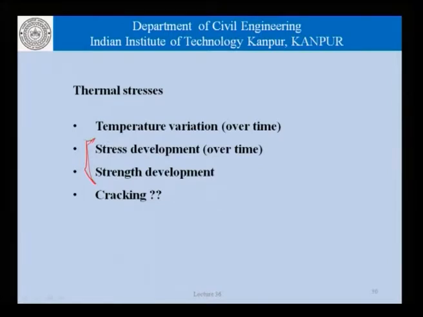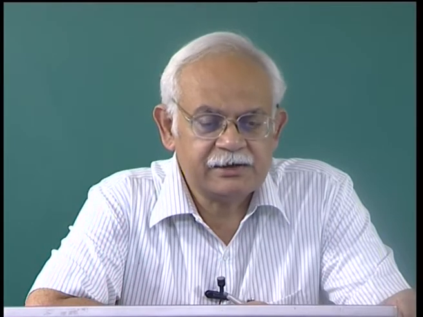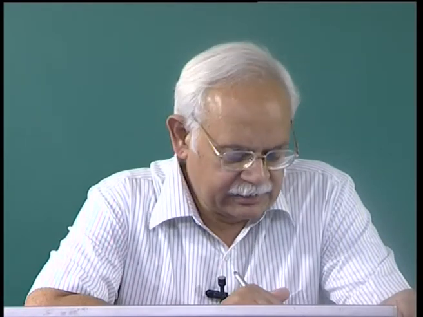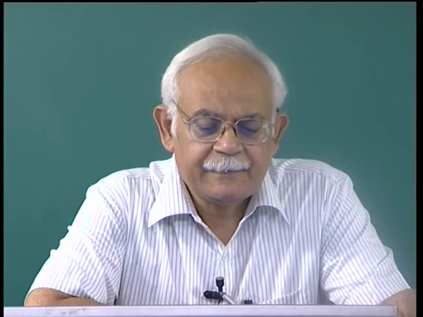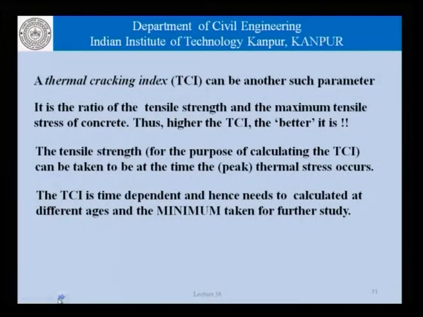So, if the strength that has been developed at a particular point in time is such that it can withstand the stress, we will not have cracks, but if the strength is lower than the stress developed, then we will have cracks. That discussion gave us a parameter called the thermal cracking index, which is the ratio of the tensile strength and the maximum tensile stress of concrete.